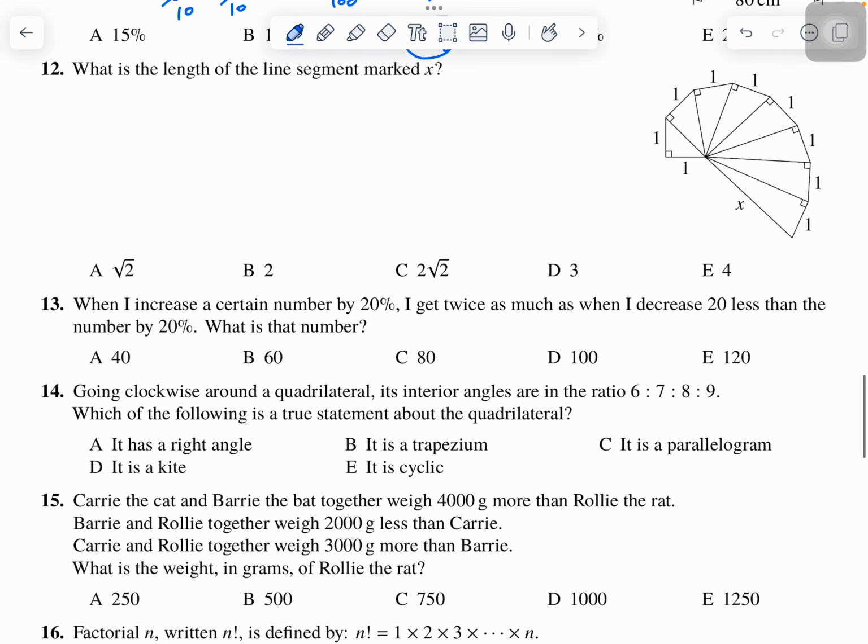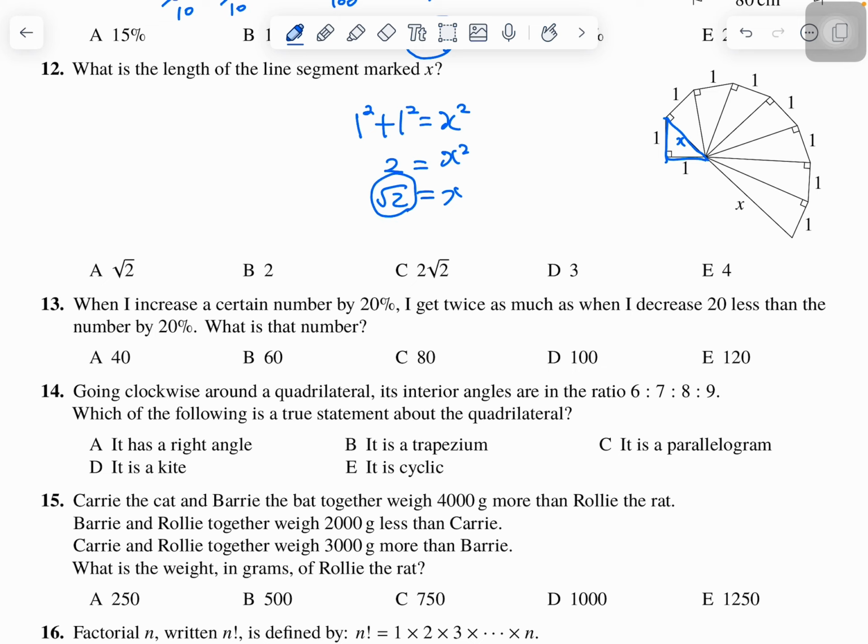Number 12, length of the line segment marked X. This is a question of the Pythagorean theorem. So we can start from the first right triangle here. The squares of the 1 and 1 make the square of the hypotenuse. We can say X squared is 2, which means x equals square root of 2.